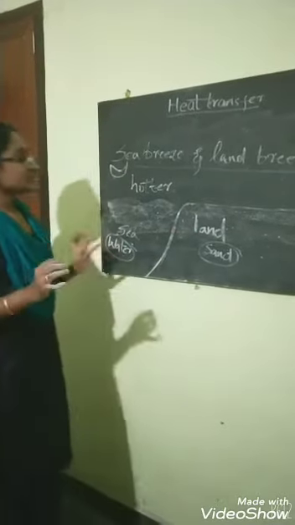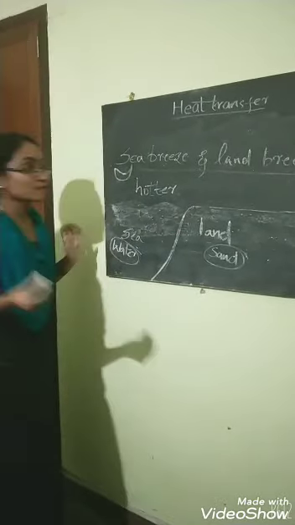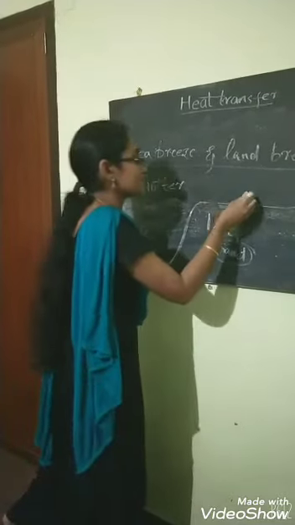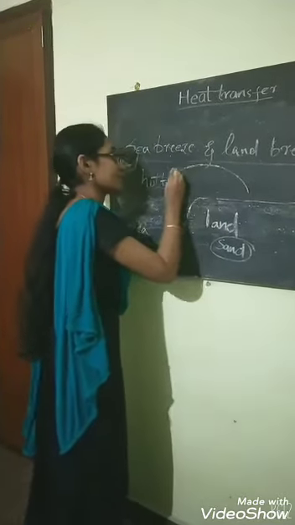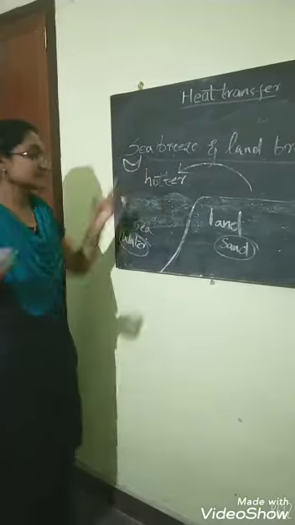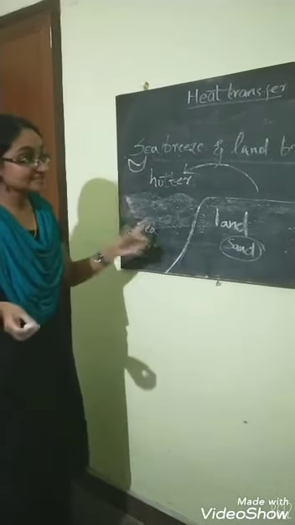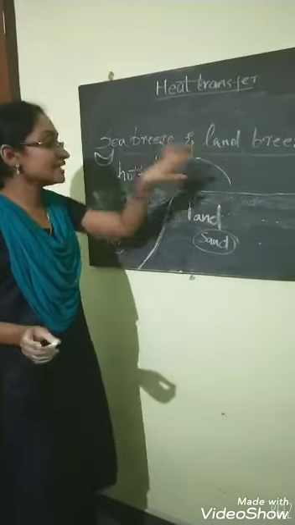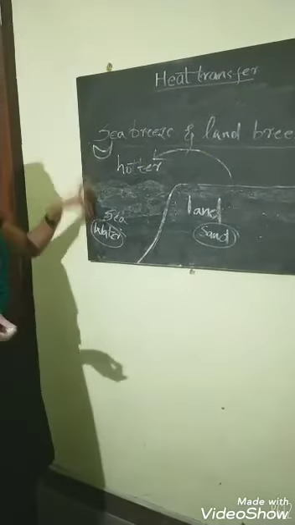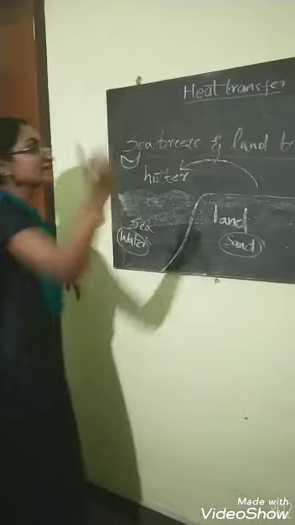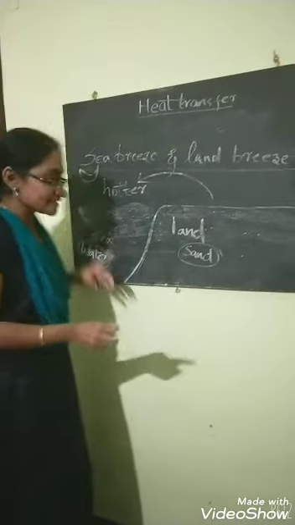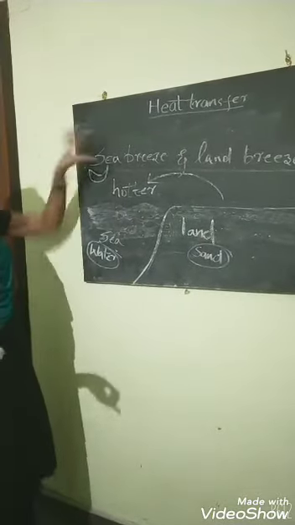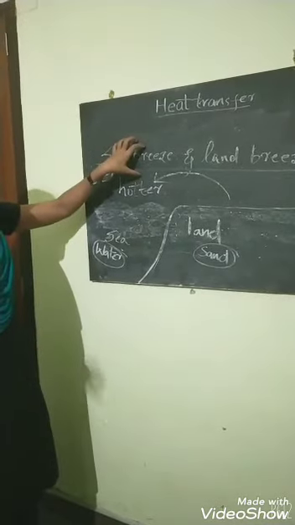So the cold air from the land travels to this sea, and it is called land breeze. That is, the cold air from the land traveling to the hot sea is called land breeze. That takes place at night, and sea breeze takes place at daytime.